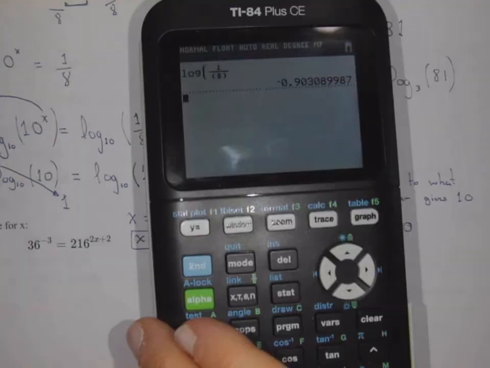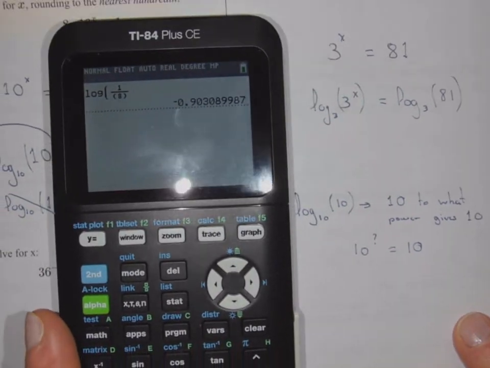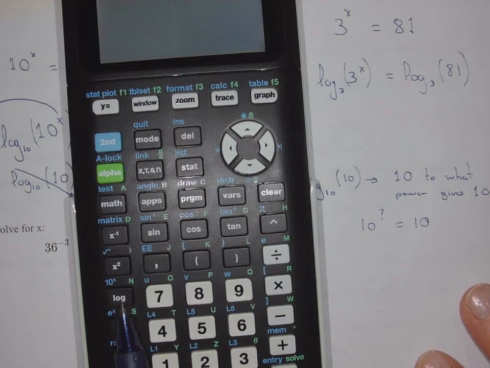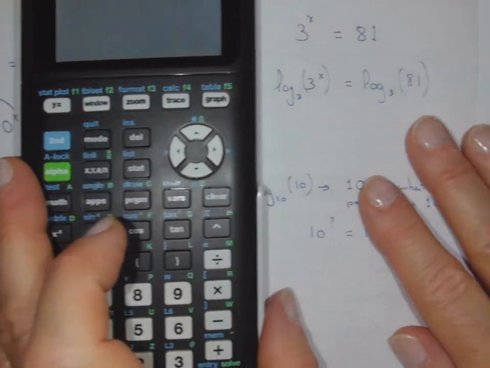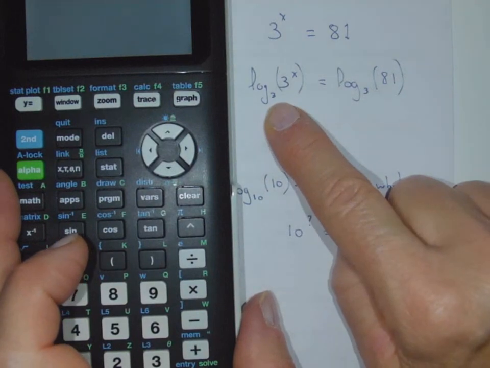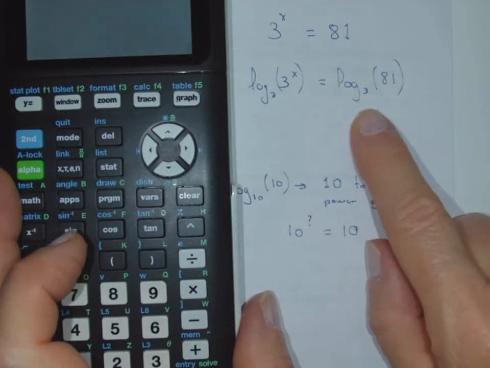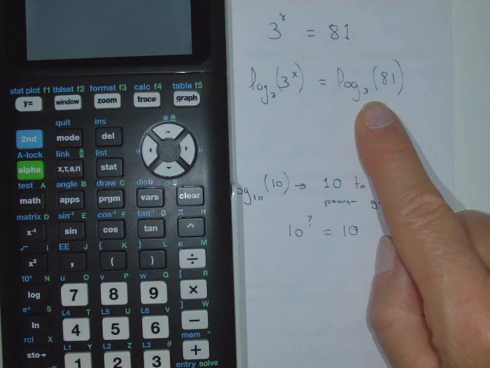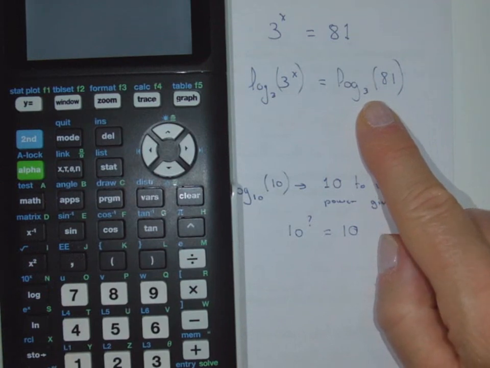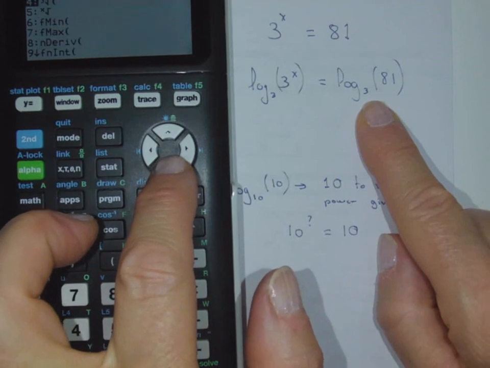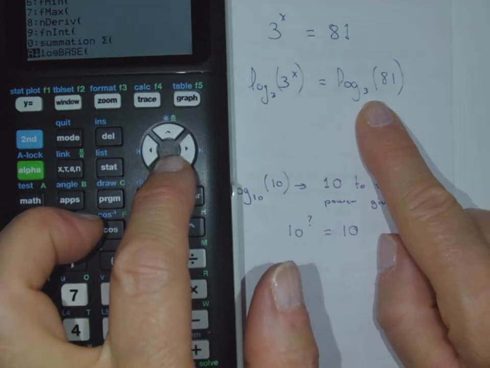Okay. Now, what if I didn't have a base 10 and I couldn't use just that log key? Because this key is only for base 10, right? What if I had this one, a log base 3, that I wanted to figure out? For that, I'm going to go to my math key and keep scrolling all the way down.